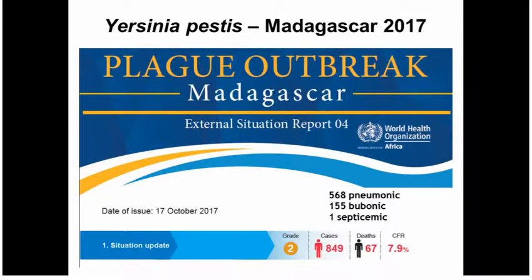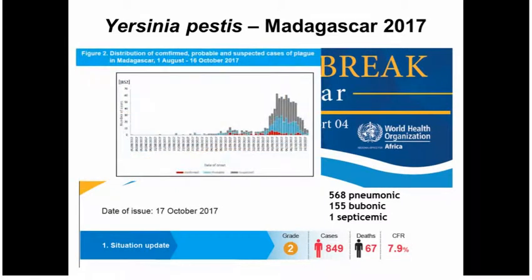So probably the transmission chain here is not necessarily through rodents and fleas. You have people getting a lung infection transmitting directly. Now, fortunately, I think this outbreak has come under control. So here you've got, week by week, the number of cases per week.